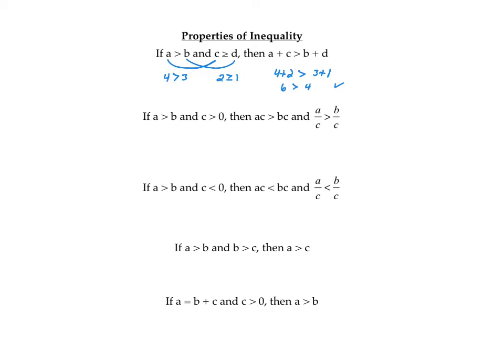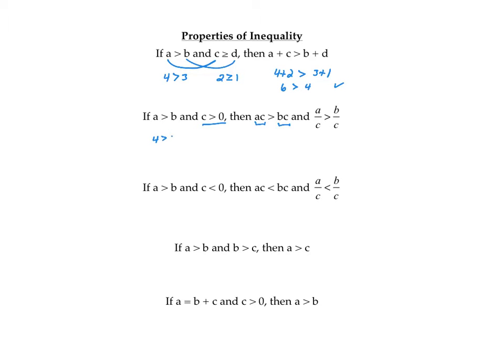Okay, and the second property of inequality, it says if A is greater than B and C is greater than 0, then the product of A times C has to be greater than the product of B times C, and the quotient of A and C must be greater than the quotient of B and C. So again, try it with numbers just to make sense of it.